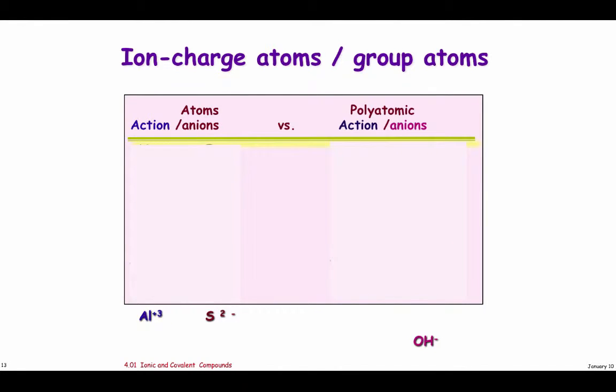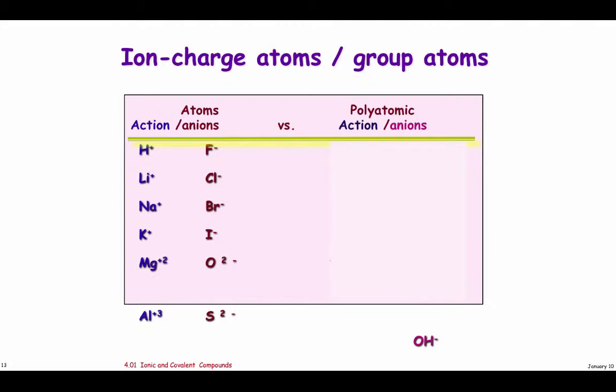So let's take a look at common ions. These are elemental ions. They're called elemental ions because they are formed from the element. There's only one type of atom involved. Hydrogen, lithium, sodium, potassium, they tend to be +1. Magnesium tends to be +2.